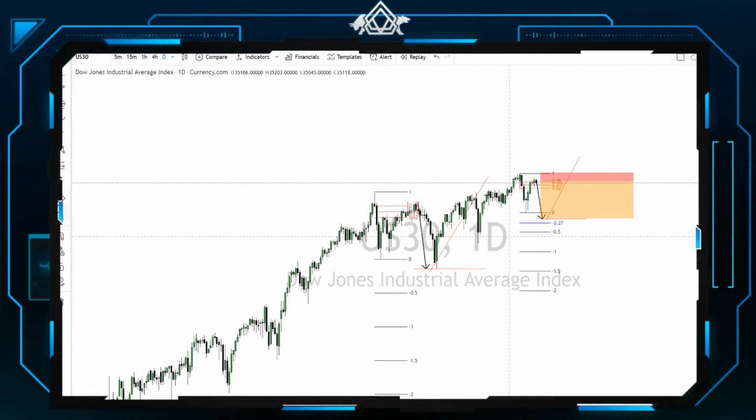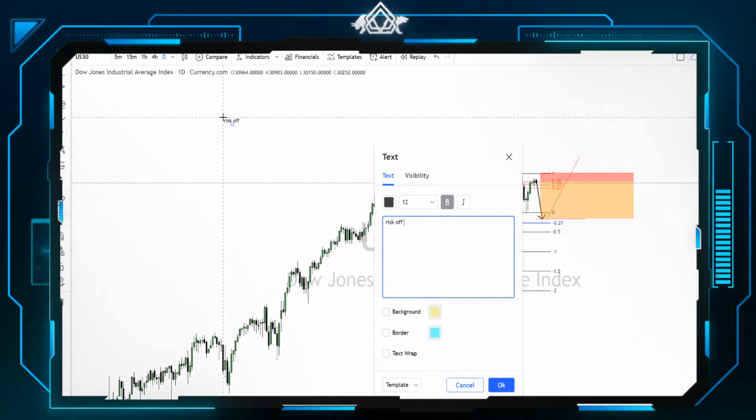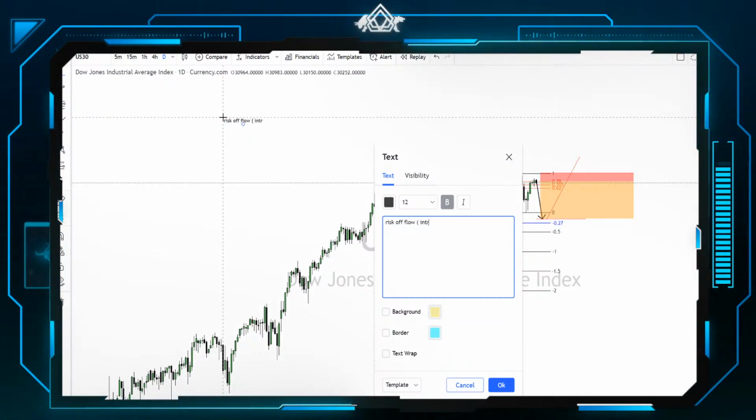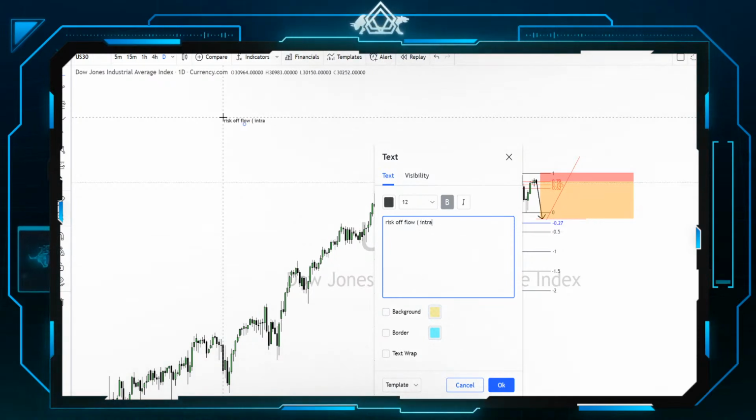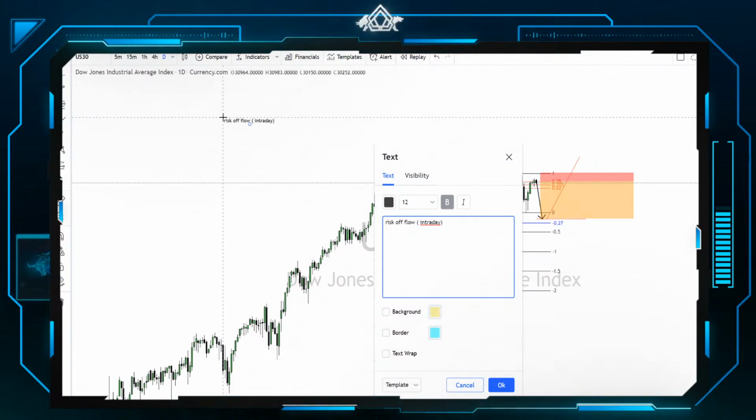Now, correlated with that, as you guys know, should the Dow Jones drop, that basically means that we would be in a risk off flow, and this can be intraday. Okay, it doesn't have to mean that people are gonna stop investing. It can mean that people take some money off the table, they cash in some stocks.